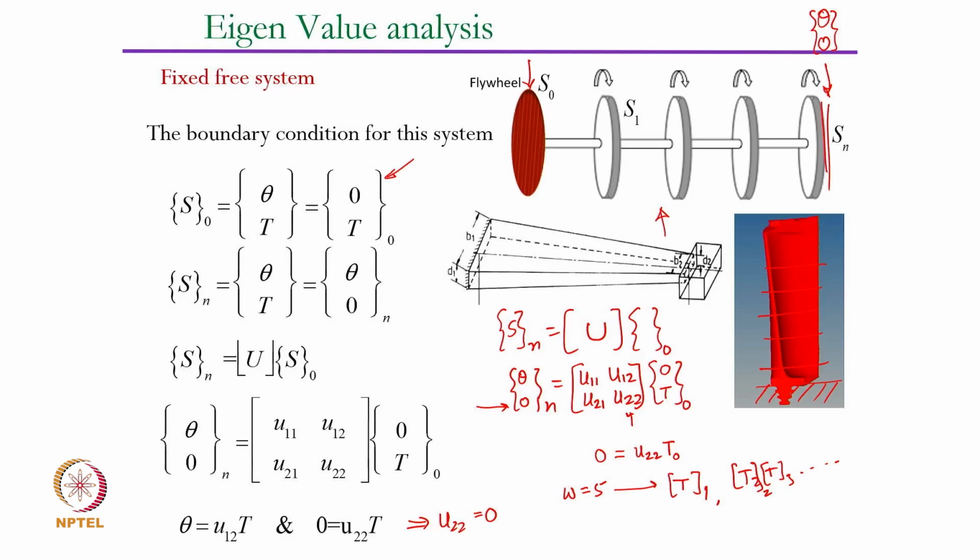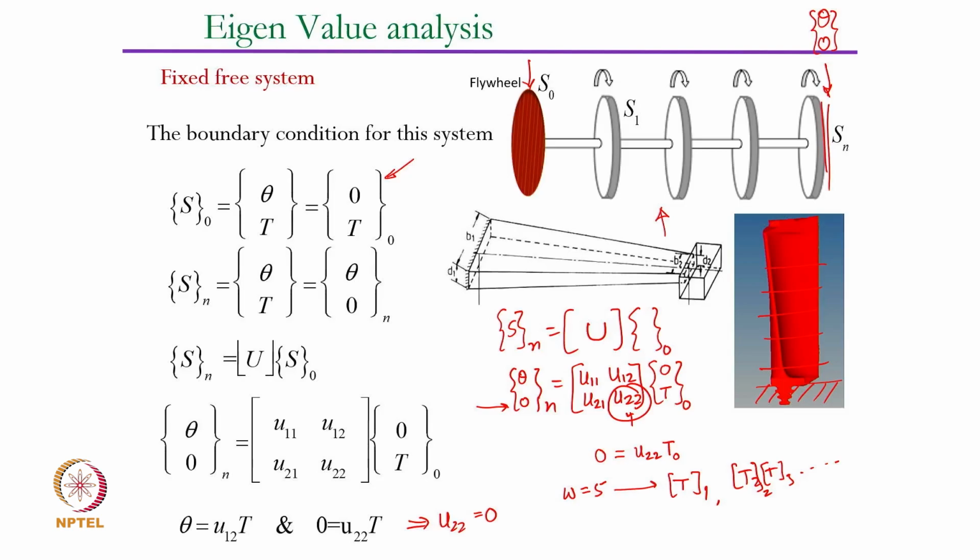What was unknown was omega, so I assume that omega, okay? And then I find out all the individual transfer matrices, multiply all of them and find out the value of this particular element. I do not care about what U11, U21 and U12 are. I do not care. I only focus on U22.